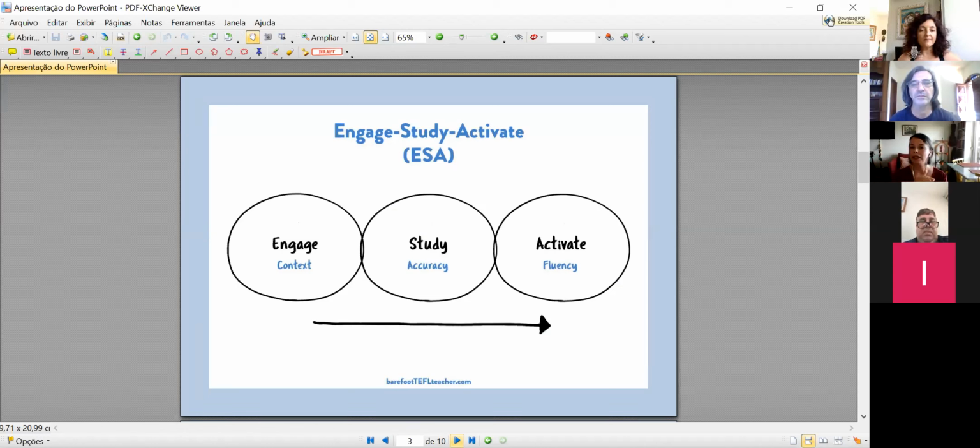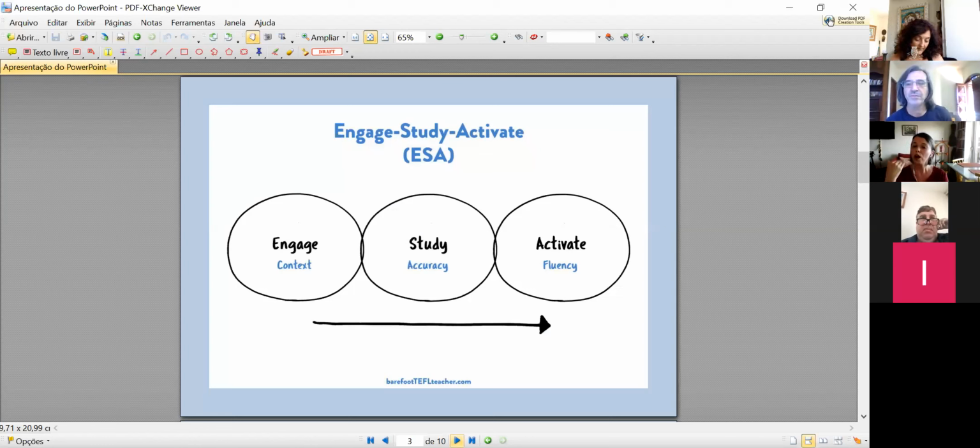Not necessarily it has to be always ESA, it doesn't have to be like an arrow. This is an example as an arrow. So you start engage, so you provide context, then you go to study, focusing on accuracy, and then you activate, focusing on fluency.